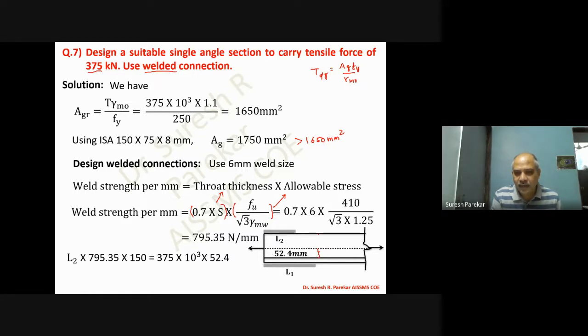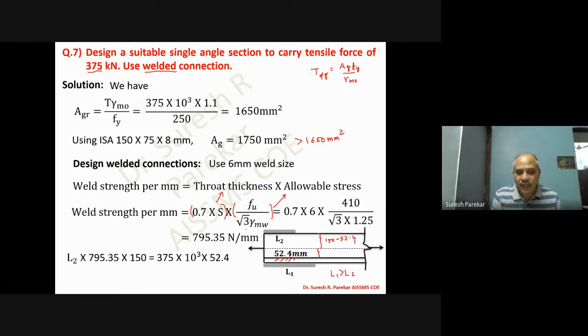Then automatically this other distance becomes 150 minus 52.4. Now why have I shown L1 greater than L2? Because my load is near to this edge, and therefore my weld length should definitely be more on this side, and therefore we have shown L1 greater than L2.